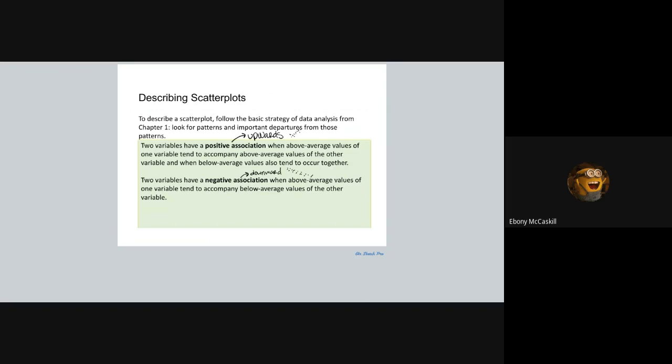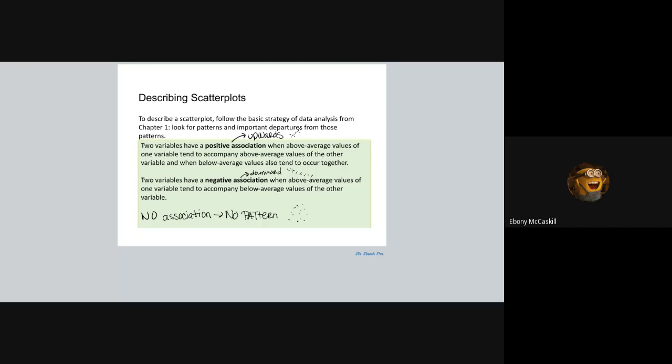And while you're here, I'll just write it down. No association, and you have this in your notes, I believe. There's no pattern. So maybe that. It looks like a blob. And so what you'll notice is some things have a trend.